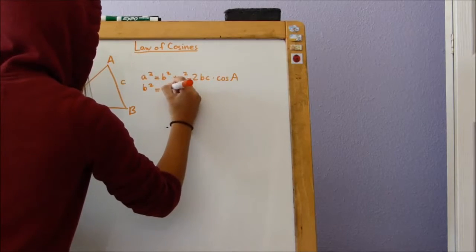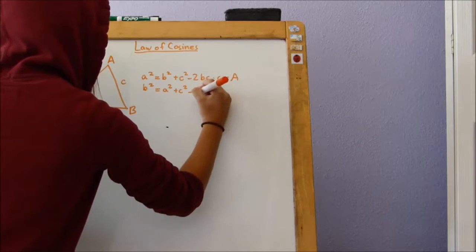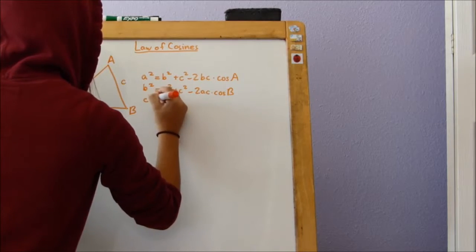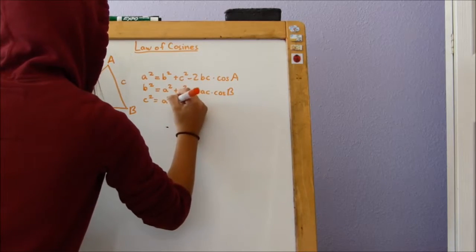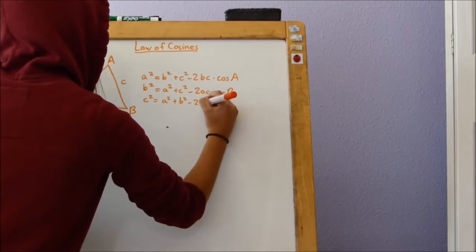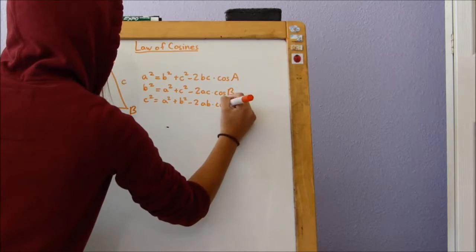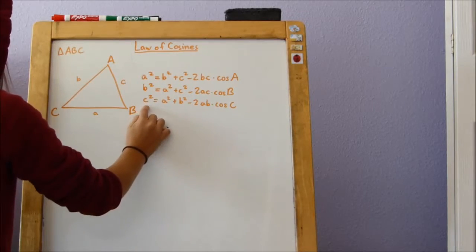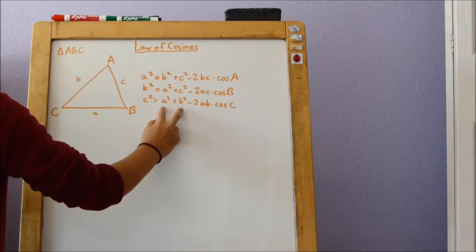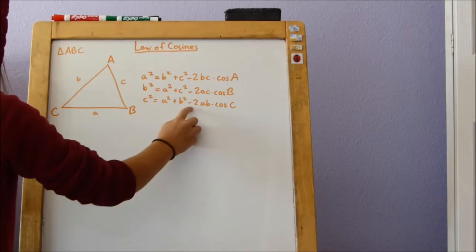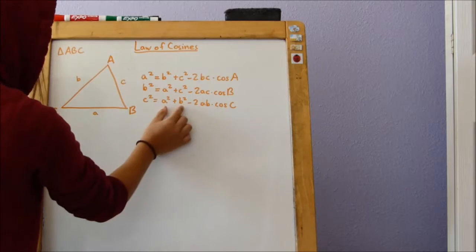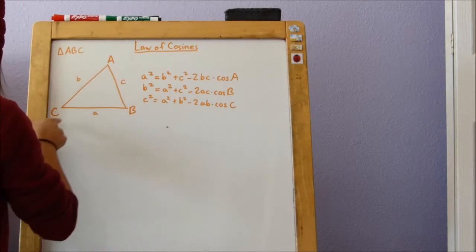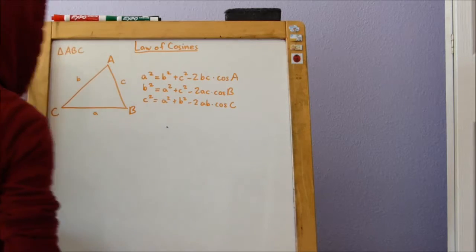B squared equals A squared plus C squared minus 2AC times cosine B. C squared equals A squared plus B squared minus 2AB times cosine C. So you can see that whenever you're solving for one side length, you would always add the other side lengths squared minus 2 times these two other side lengths times cosine of whatever angle this side length is across from. And that is the law of cosines.